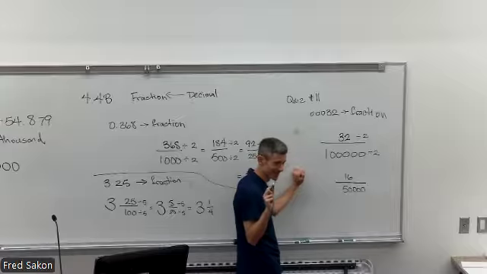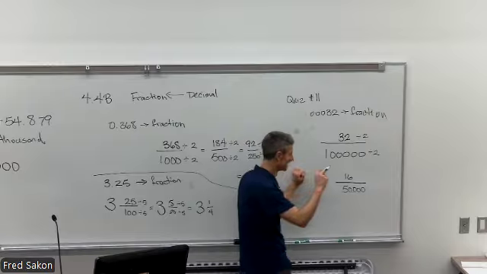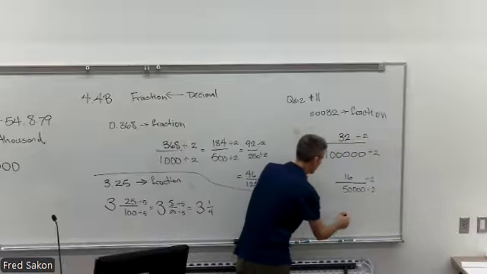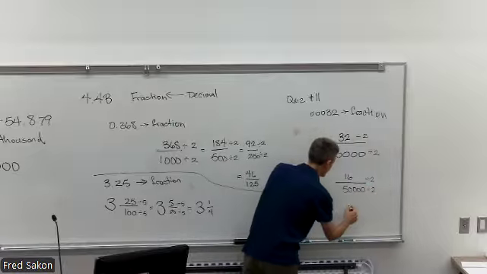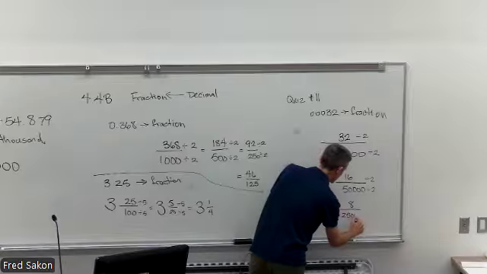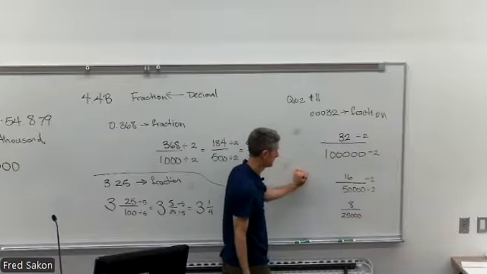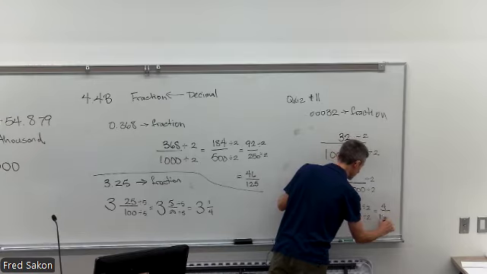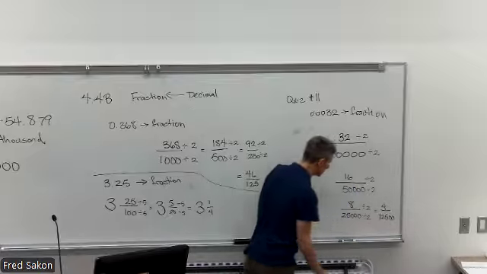So you went all the way. Yep. And these still are even, so we're going to divide by 2 again. Get 8 over 25,000. Looks like those are even again. So we get 4 over 12,500.